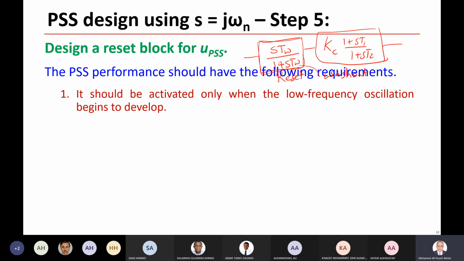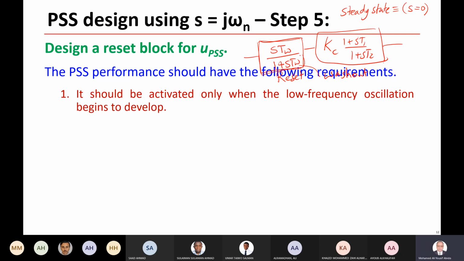This block is a reset block for the power system stabilizer at steady state. Look at this block and see, steady state means what? Steady state means S equal to zero.